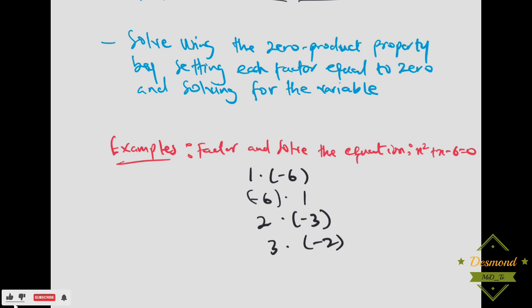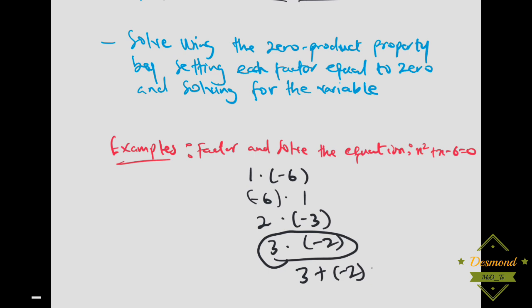So when you sum this last one here, which is 3 plus -2, we should get 1. And when we multiply it as well, we should get -6. So 3 dot -2 should give us -6, right?